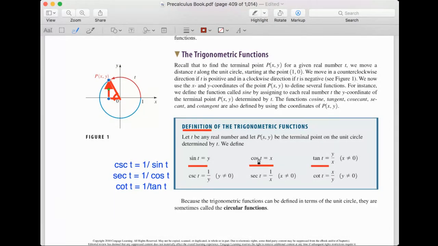Cosine of the angle equals the adjacent side next to the angle over hypotenuse, which is also 1. And tangent equals the opposite over adjacent. We don't have to worry about cosecant, secant, cotangent. Only try to remember sine, cosine, tangent.